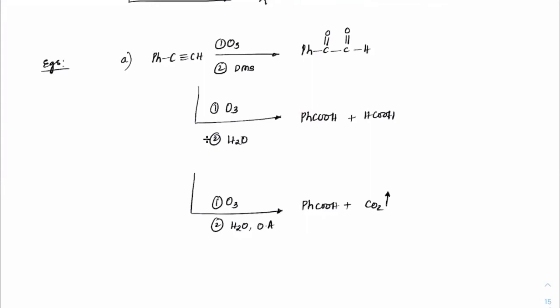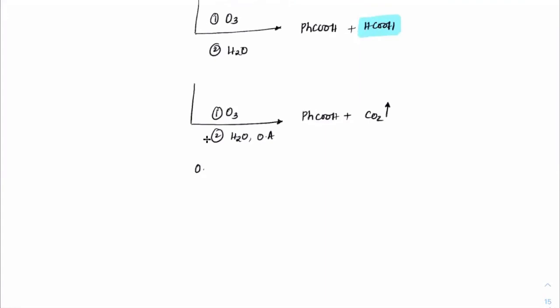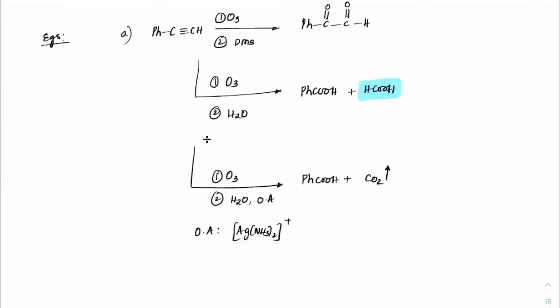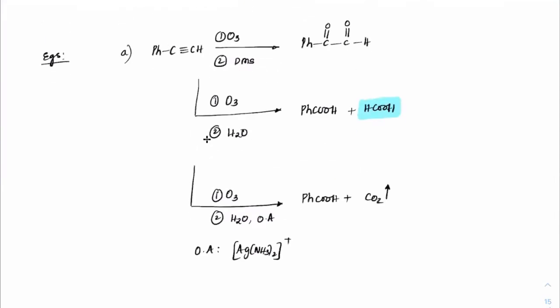If no oxidizing agent is mentioned, always end up at formic acid. If any oxidizing agent is mentioned, like Ag(NH3)2+, the ammoniacal silver complex, they will convert that into acids. Clear, students?